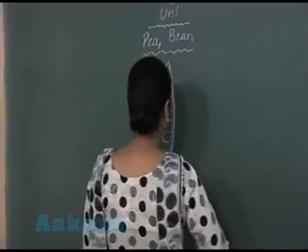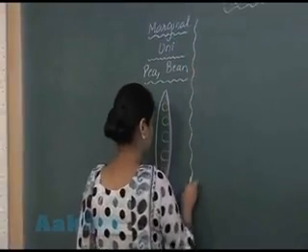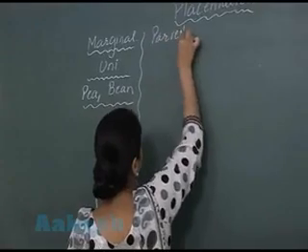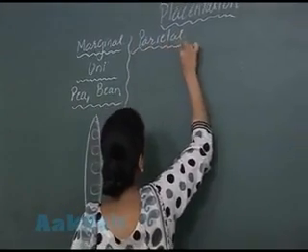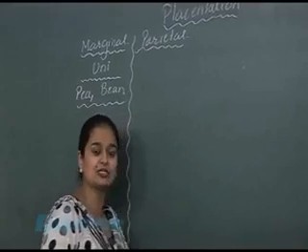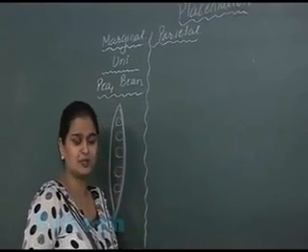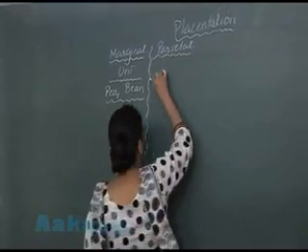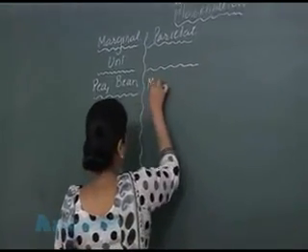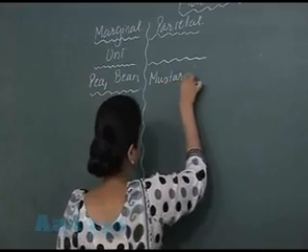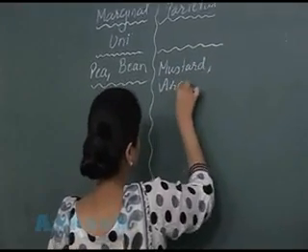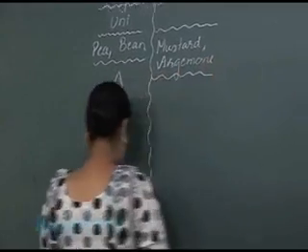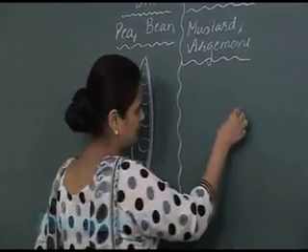Now coming to the second category, the parietal placentation. It is present in mustard and argemone, which are members of the Brassicaceae family. Here I will be showing the transverse section of the ovary.